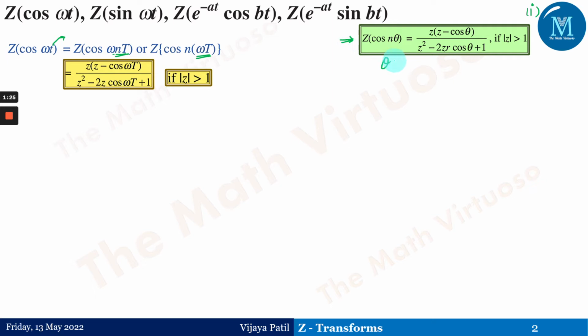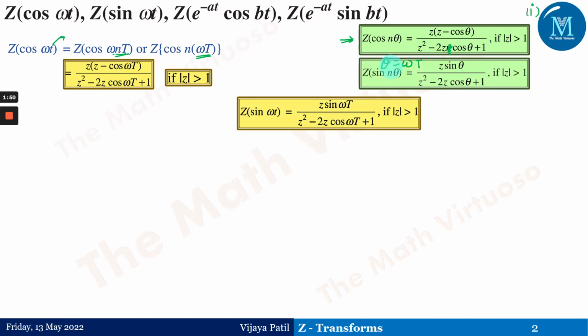Theta is nothing but getting replaced by omega times capital T. That is what we have done. So z into z minus cos of omega T upon z square minus 2z cos of omega T plus 1. Actually, this r should not be here. This should be just 2z cos of theta plus 1.